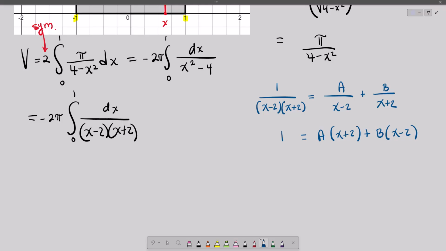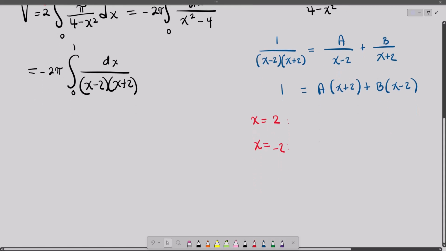And because you are now masters of PFD, that's really easy with the convenient value method if we know how to pick convenient values. So what are the two best convenient values here? 2 and -2. Is that what you were going to say? Yep. Good. Everyone's on track.